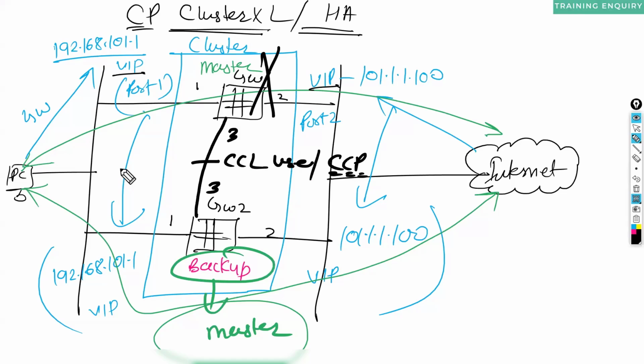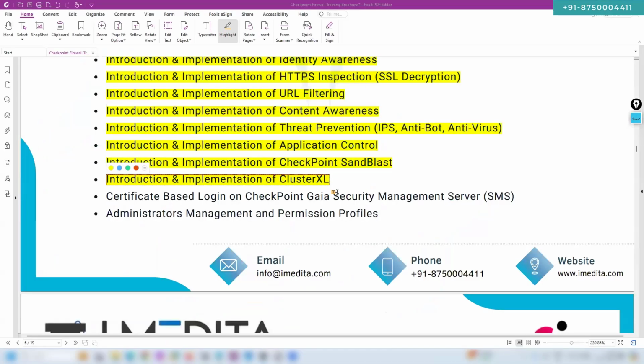We will do the details when the topic comes. So, in conclusion, with ClusterXL or HA, we get uninterrupted network access with the help of redundant Checkpoint gateways. Okay, so this was about clustering.